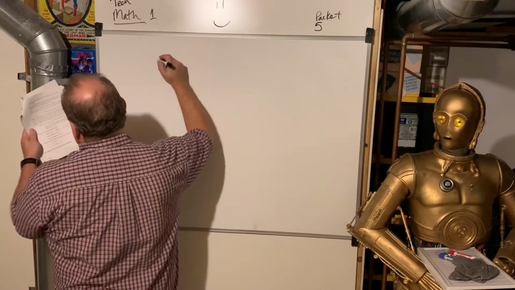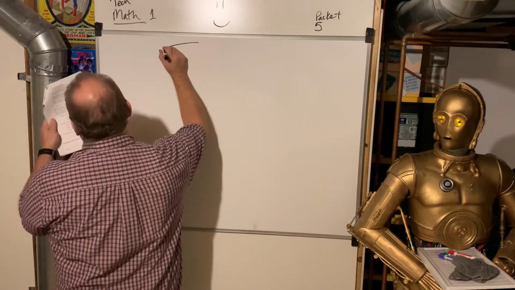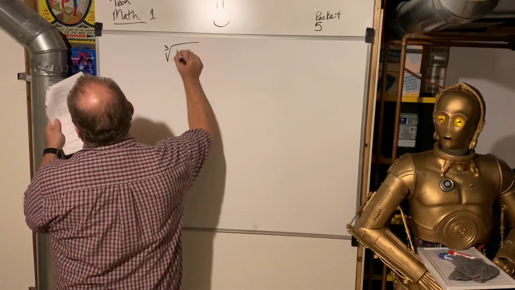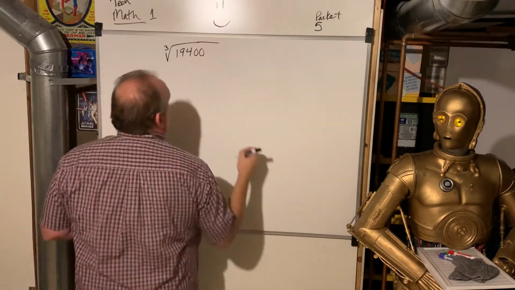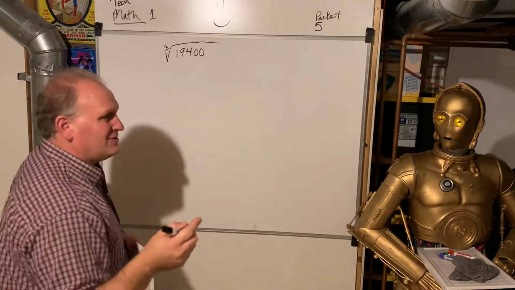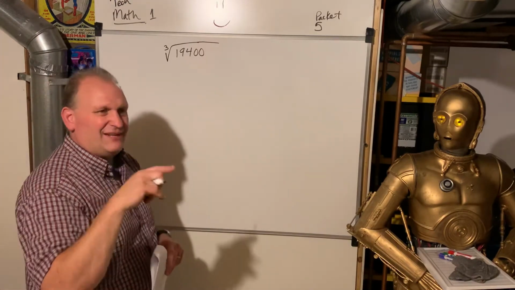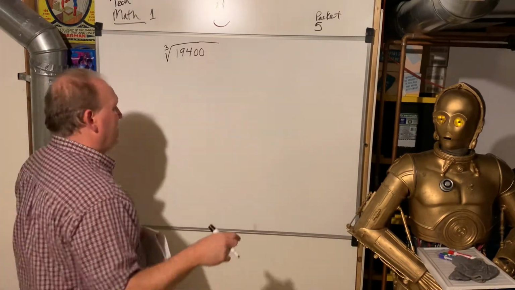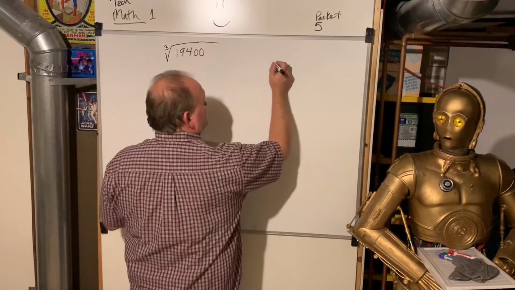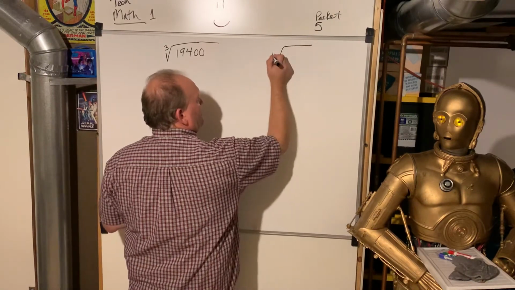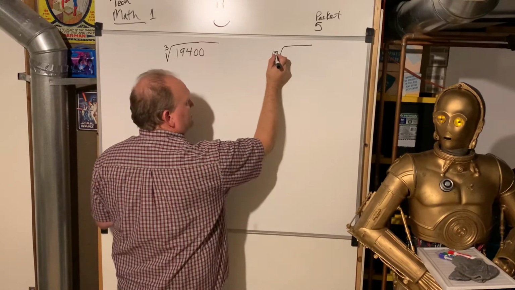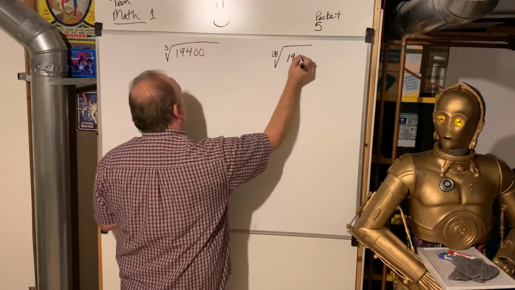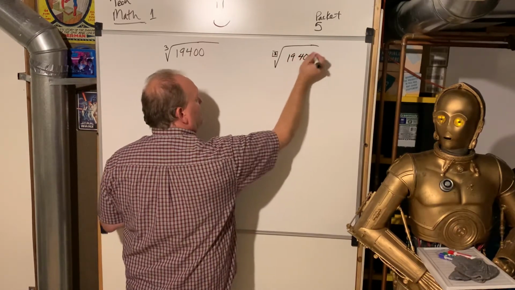Other ones, I've got an older one, but if I want to take the third root of 19,400, there's two ways to do it on the calculator. And I'll show you what I think is a shortcut instead of actually finding it on there with the third root. Like I said, some of them will actually have that little box right there like that. And all you have to do is type a 3 in there and then put the number right there. And that will be under math.